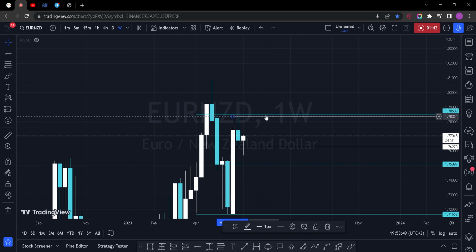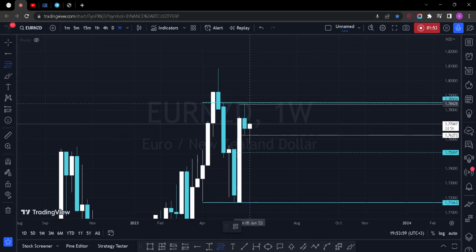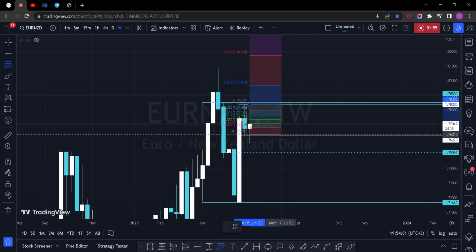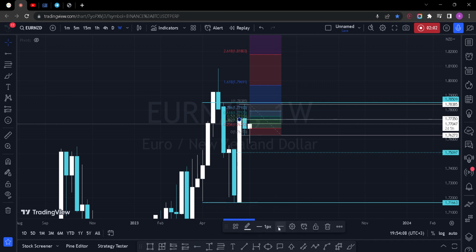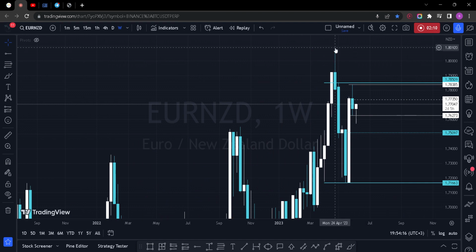I've had this on my watch list for the past 1 week, and my signal has been developing for the past 1 week, and I've just gotten an entry, and I'm showing how I got there. So right there is our last week's range, the mid range.